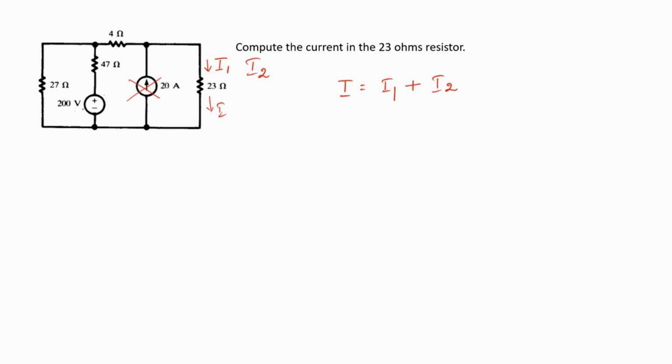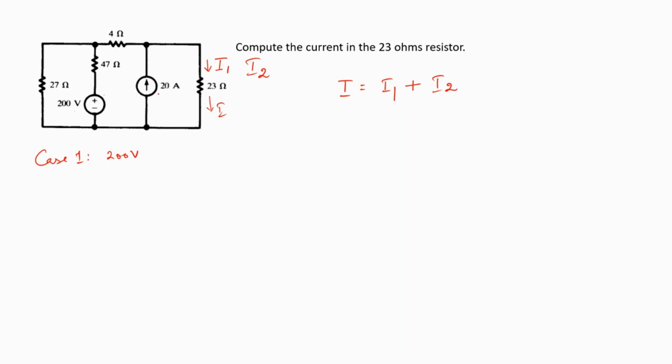So how can I do that? First, let's analyze the sources. If it's a current source, we need to open circuit it, whereas if it's a voltage source, it should be shorted.